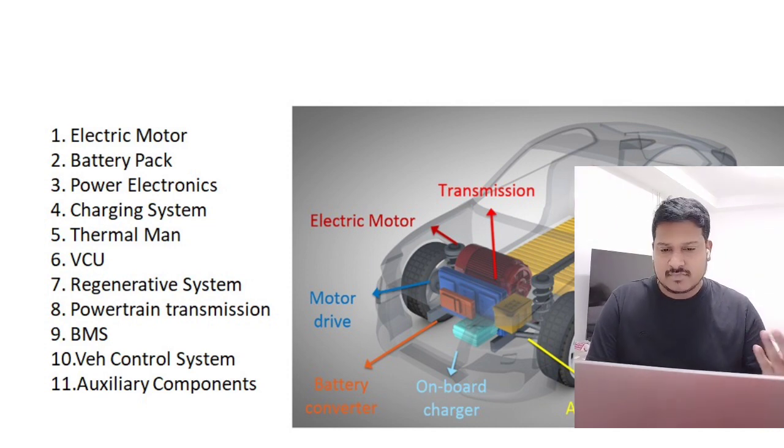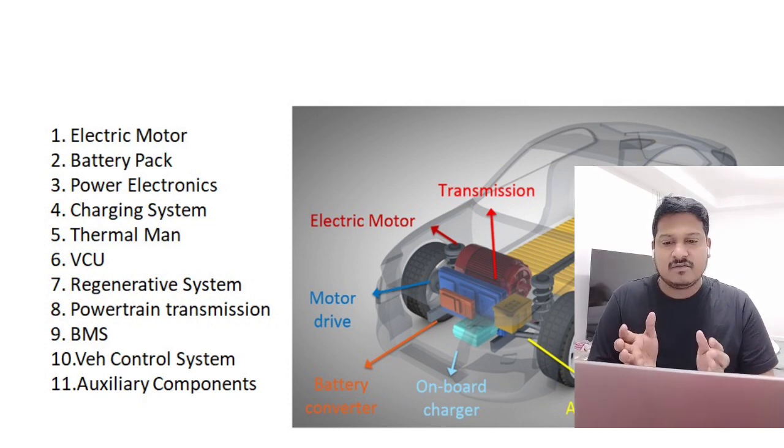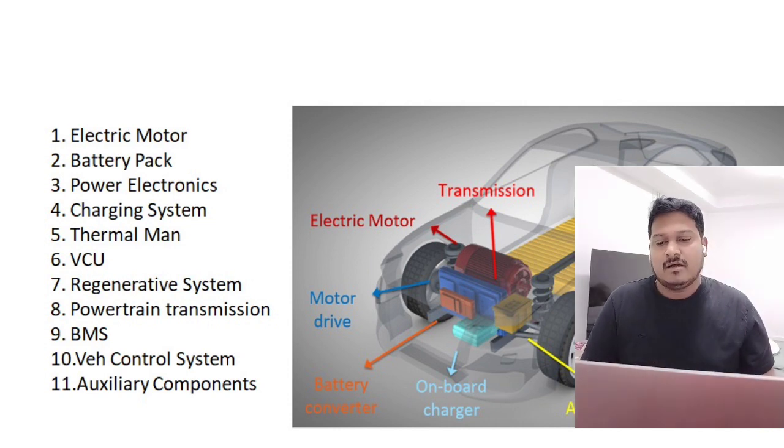It includes the accelerator pedal, that is acceleration, the brake pedal, then steering, then other propulsion systems and other integration systems. All these come under the vehicle control system. Then auxiliary systems, which have HVAC, heating, ventilation, and air conditioning, and suspension. All these come under the auxiliary systems.